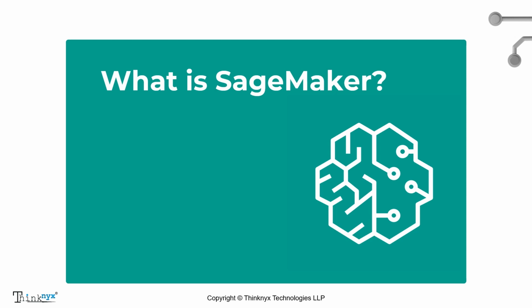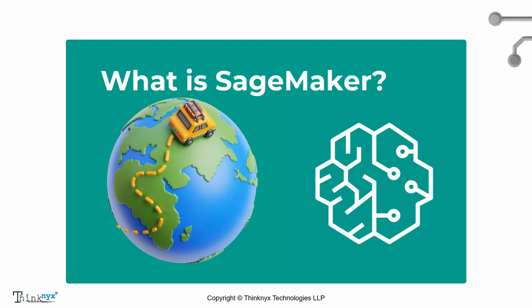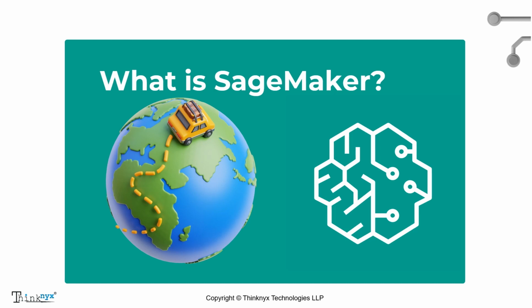It empowers you to savor the journey and the destination without getting entangled in the complexities of the road. So just as a reliable travel companion makes a cross-country road trip smooth and enjoyable, SageMaker ensures a seamless and delightful experience in your machine learning endeavors.